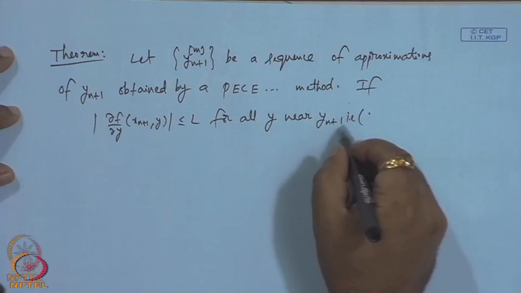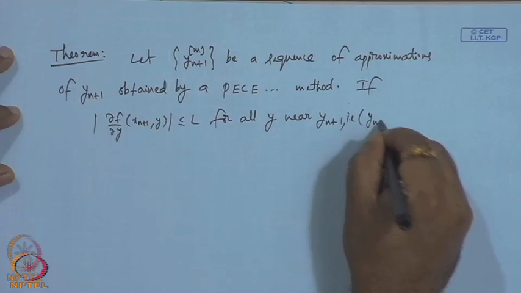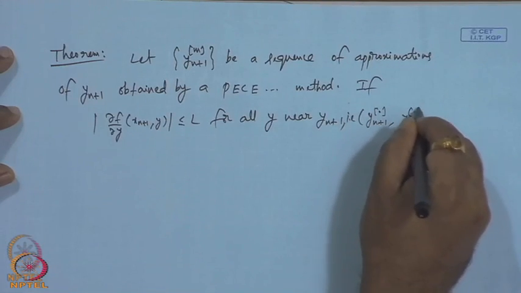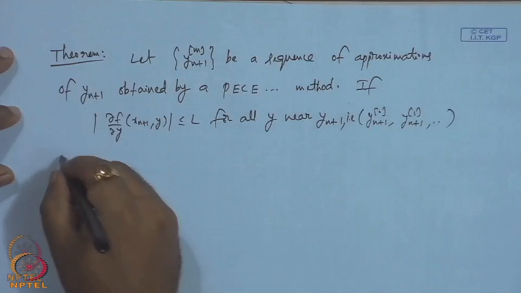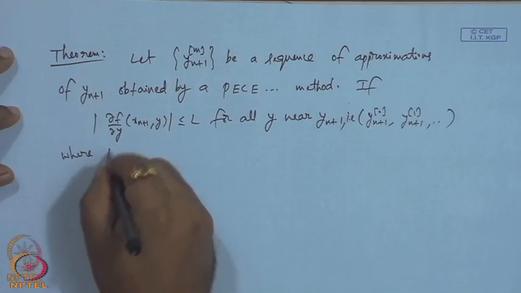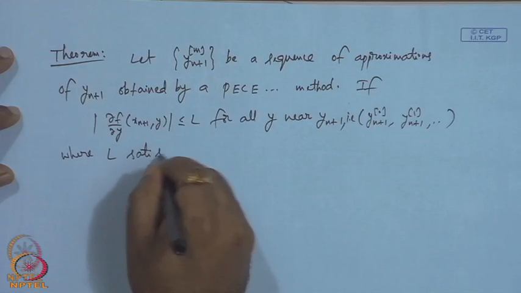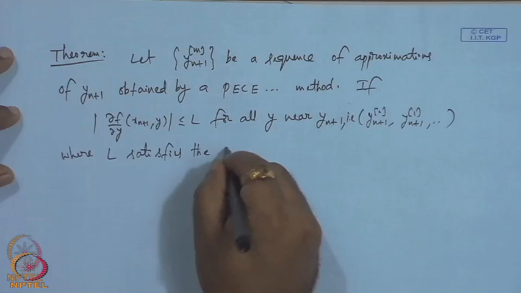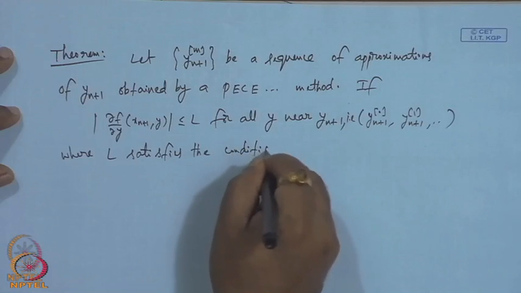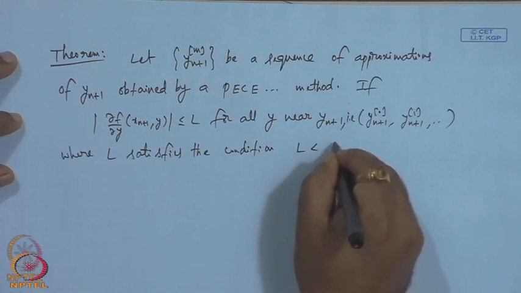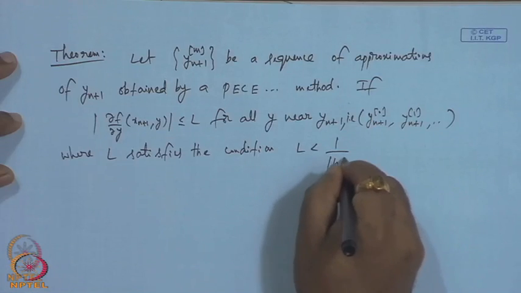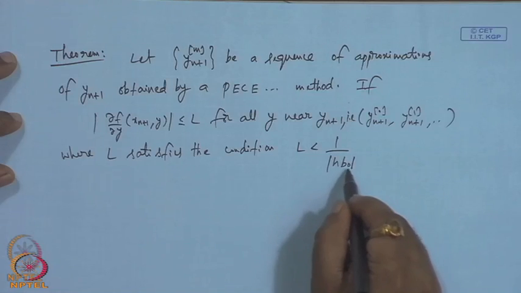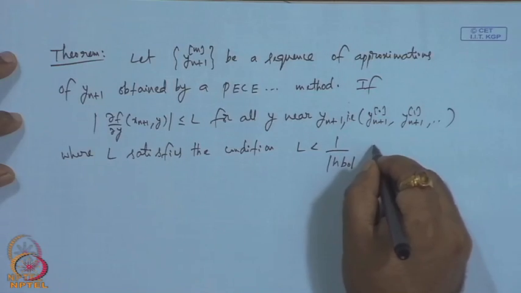So, for all y near y n plus 1, that is y n plus 1 0, 1 etcetera, where L satisfies the condition 1 by. So, this is the coefficient in the multi-step method.